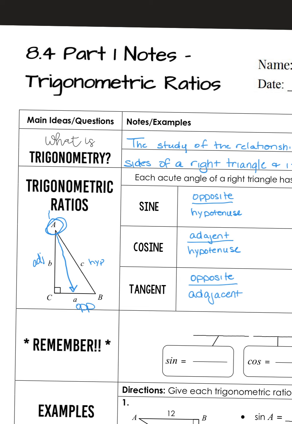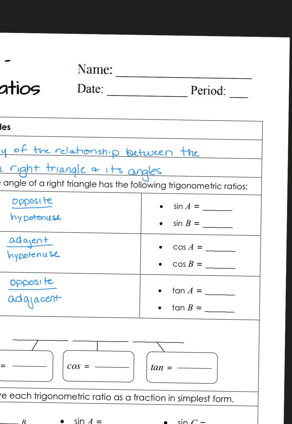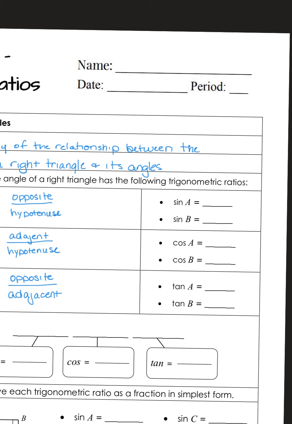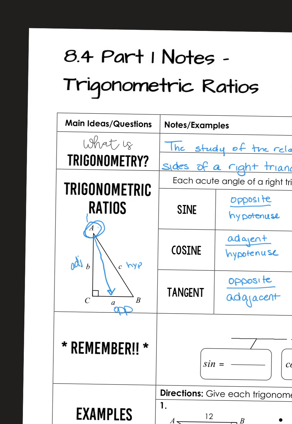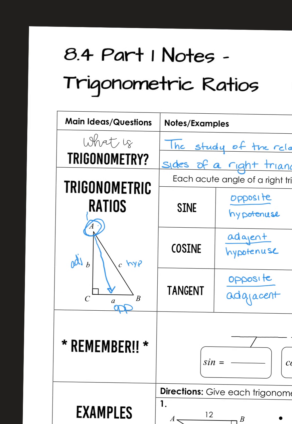So if I'm looking at sine A, that would be opposite, which is A, over hypotenuse, which is C. So sine A is A over C. Cosine A would be adjacent over hypotenuse. So my adjacent side would be this side.